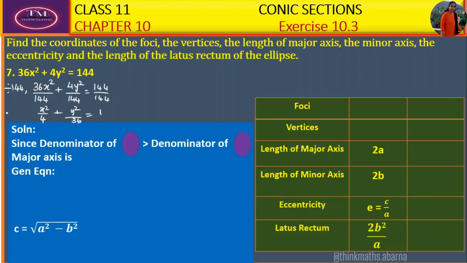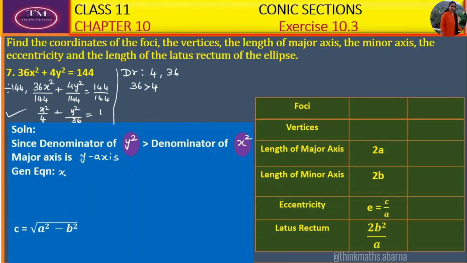Now this is the standard equation of the ellipse. If you check, the denominators are 4 and 36, and here 36 is greater than 4. Who is 36? The denominator of y square is greater than the denominator of x square. Therefore the major axis is the y axis. Now the procedure is the same as the previous problem.